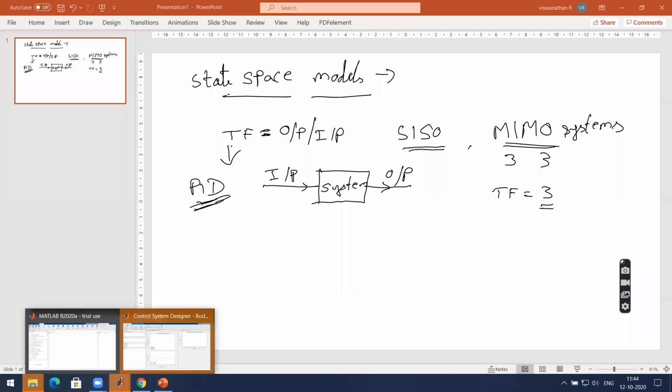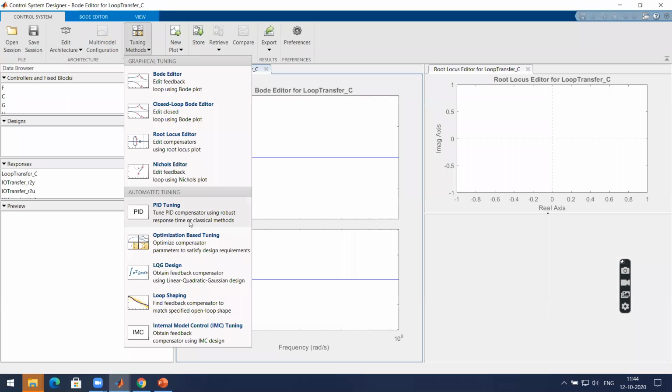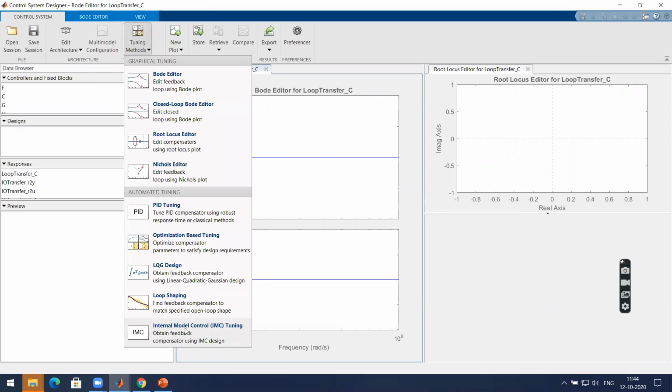If you see the tuning methods, you have other methods like LQG design, loop shaping, and model control tuning.